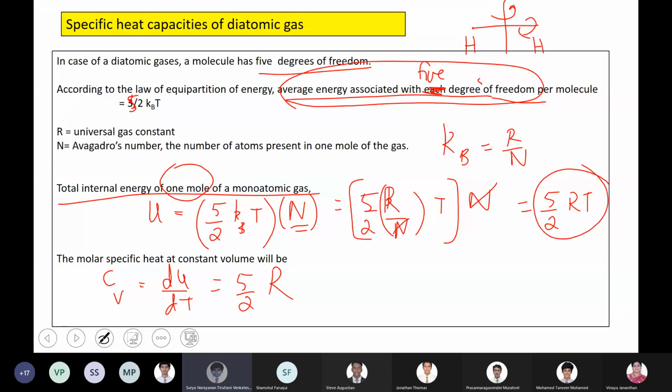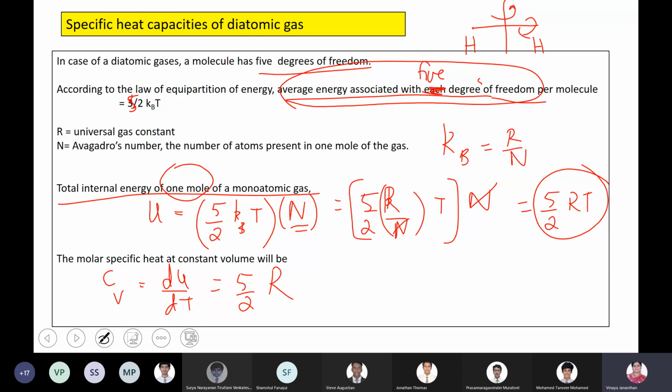Not monatomic. No, diatomic. So 5 by 2 kBT, because it has 5 degrees of freedom. The energy associated with 1 degree of freedom is half kBT, boys. Energy associated with 5 degrees of freedom is 5 by 2 kBT.